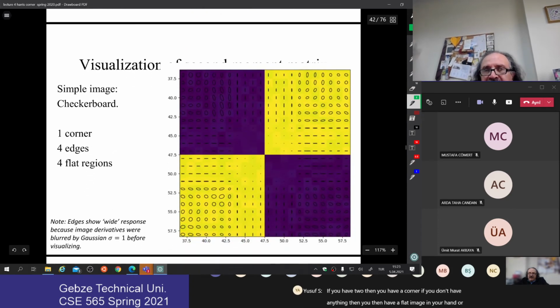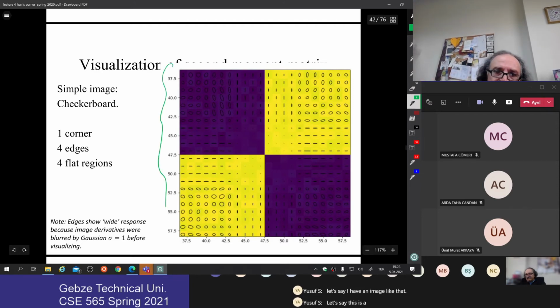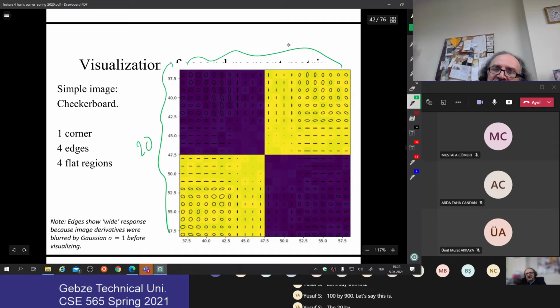Let's say I have an image like that. Let's say this is a 20 by 20 image. This part is dark, this part is bright.